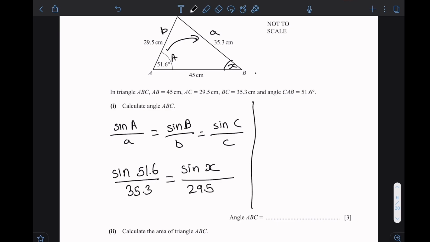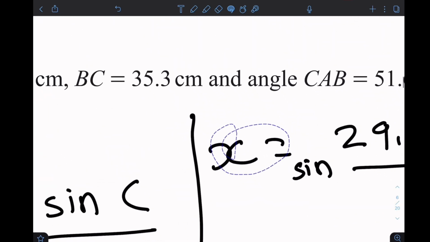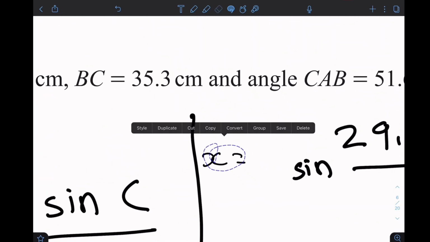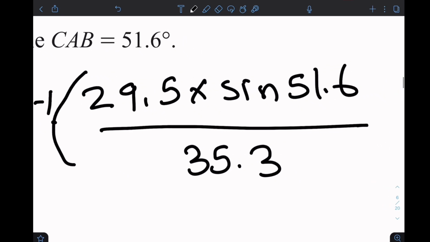If I arrange this to make x the subject, it will be 29.5 multiplied by sine 51.6 divided by 35.3, and you take sine inverse of this entire thing.